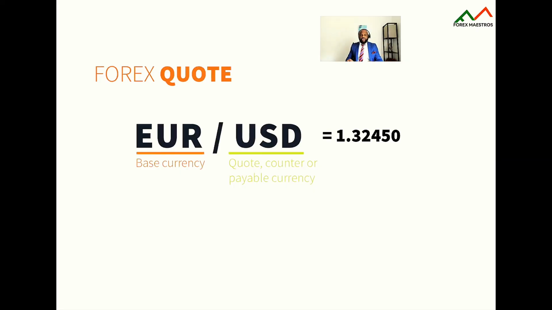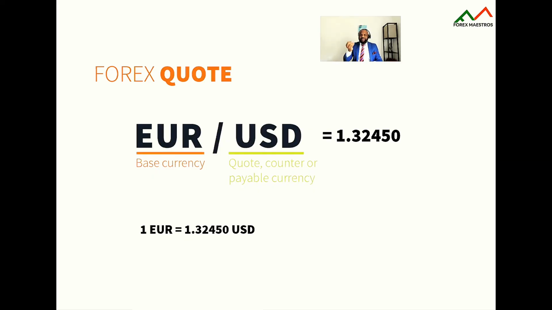So one of that asset is worth 1.32450 of the payable currency, or the quote currency. If you interpret this, you say 1 euro equals 1.32450 USD. The value you're seeing there is a quote, and that quote is shown in the payable currency. So that's what is meant by quote currency.